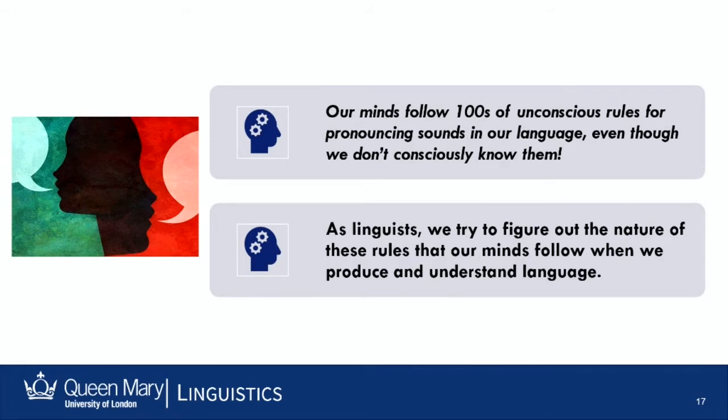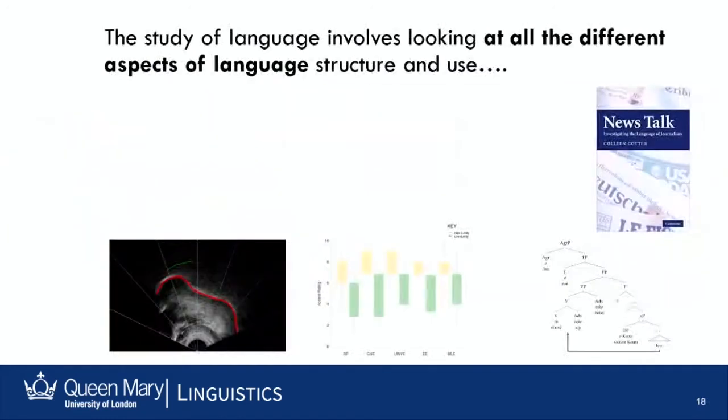That's why we call these subconscious rules, right? And so part of our jobs, or our main jobs, is to try and uncover what these subconscious patterns are in language. And these are going to be some things that you're going to have your hand at in David's talk later today.